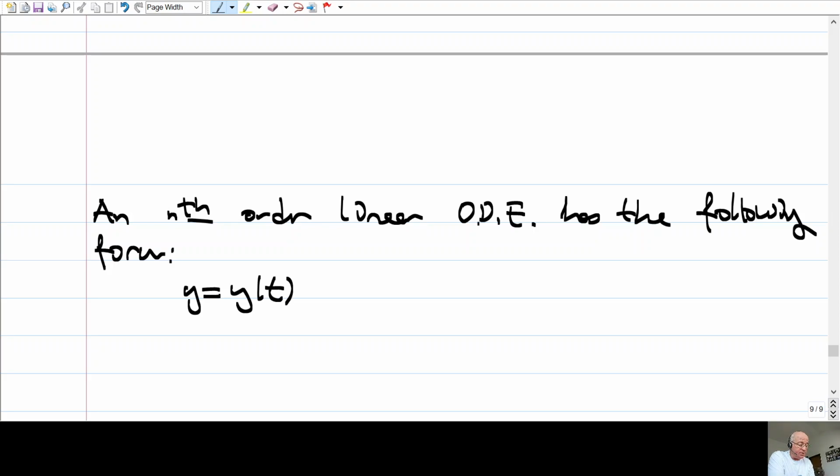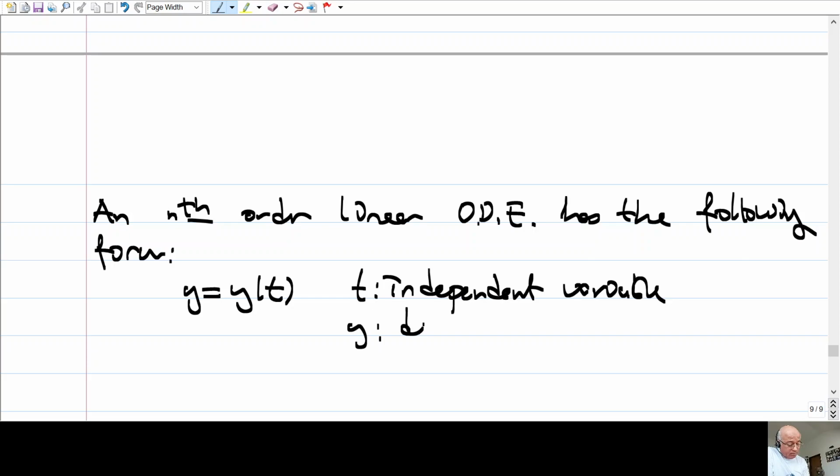So for simplicity, let's assume that we have one dependent and one independent variable. So here t is the independent variable, and y is the dependent variable.